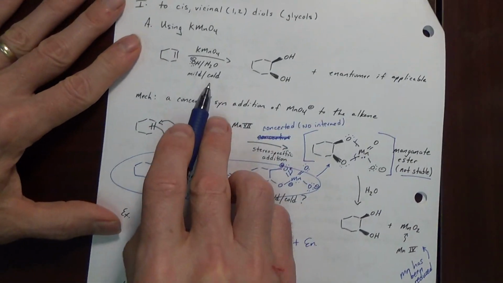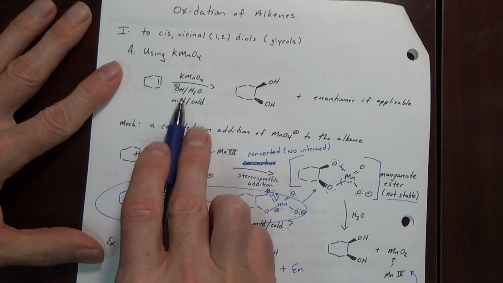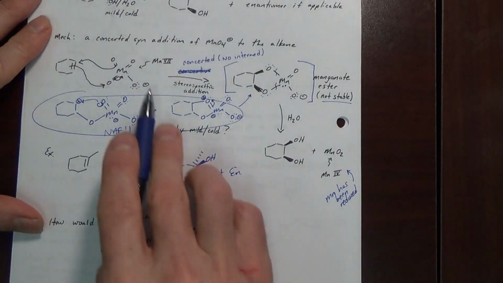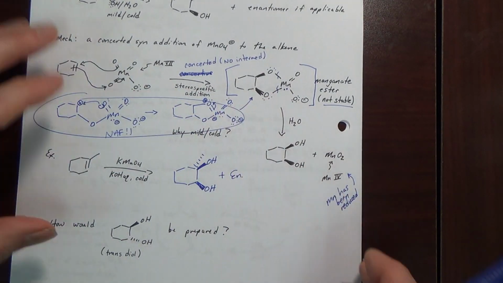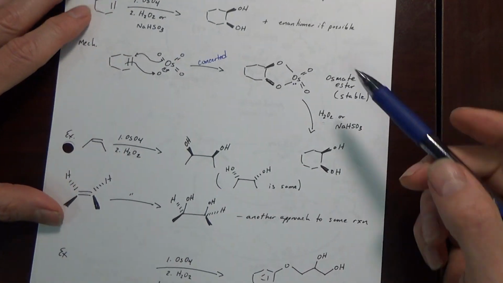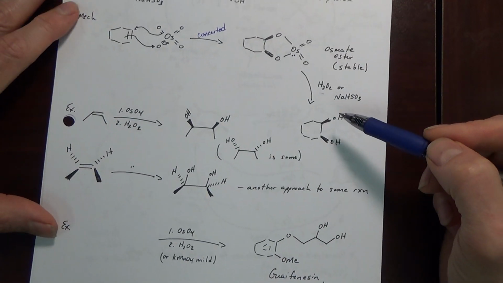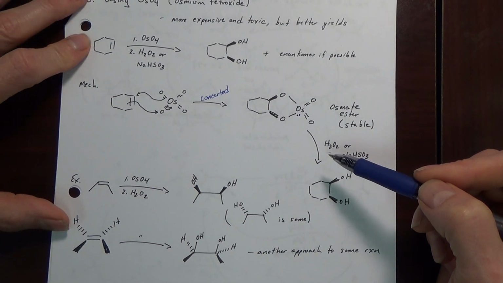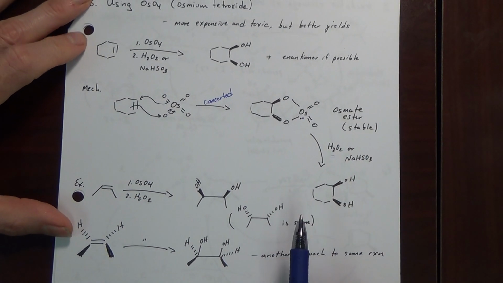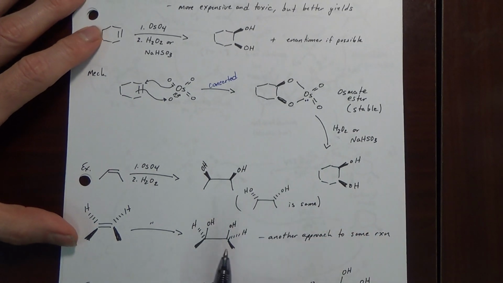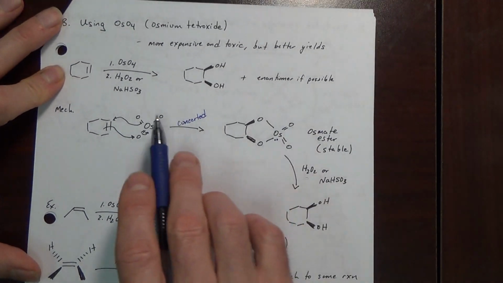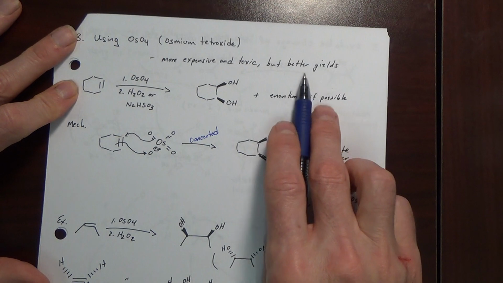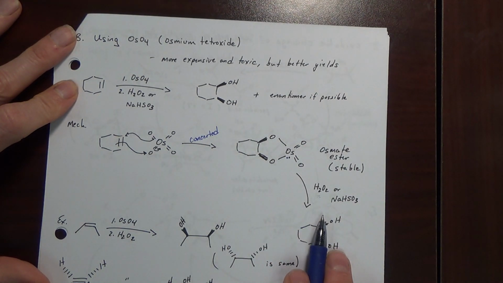Where with KMnO4, everything was together, and the cleavage happened as soon as the manganate ester was formed. Okay. Now, osmium tetroxide does give better yields for this reaction than KMnO4.